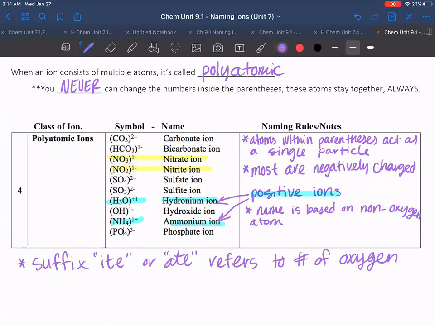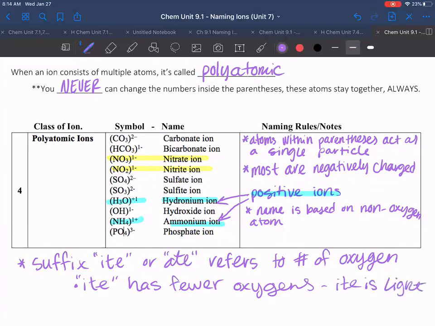Typically how I remember these, I'm going to write that "ite" has fewer oxygens. The way I remember this is "ite" is light. My little trick here: ite is light, it's lighter, it has fewer oxygens.